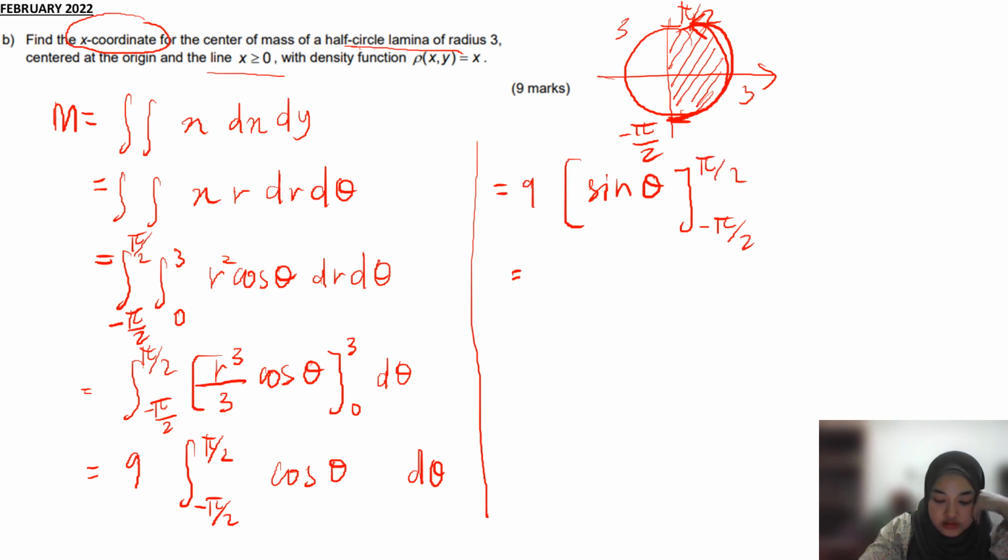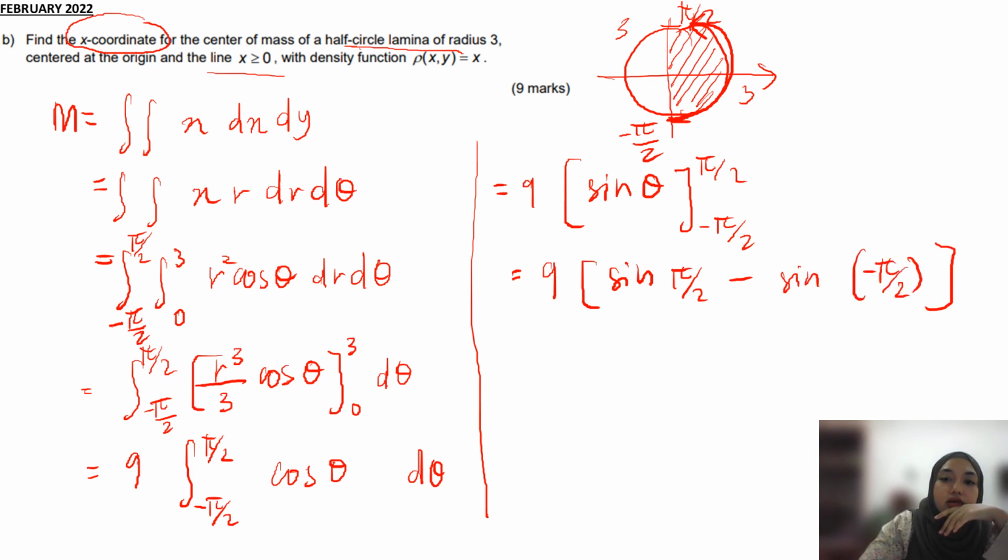After you substitute the value, you will get 18. You have to show it, so I show it here. If you want me to show, can, also can. So you get 9 times sine pi over 2 minus sine negative pi over 2. After you simplify this, you will get 9 times 2, so you will get 18. So just simply 18 here.